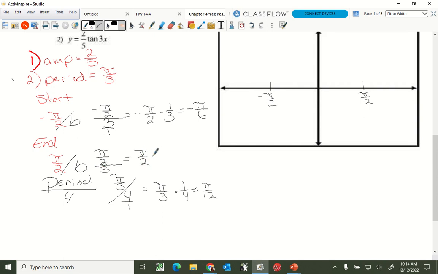Pi over 2 times 1 over 3 is positive pi over 6. So I messed up over here, so I will fix that. Negative pi over 6, positive pi over 6. Wow, that's horrible. And so each one of my steps is pi over 12.